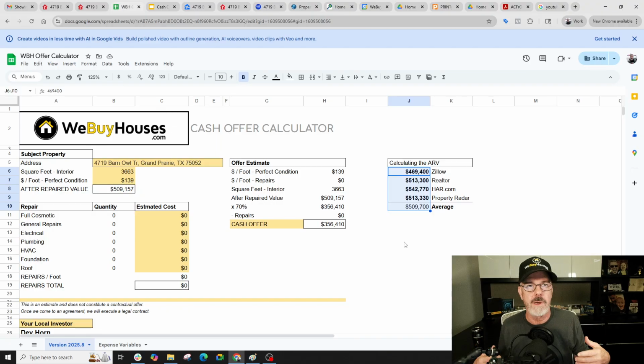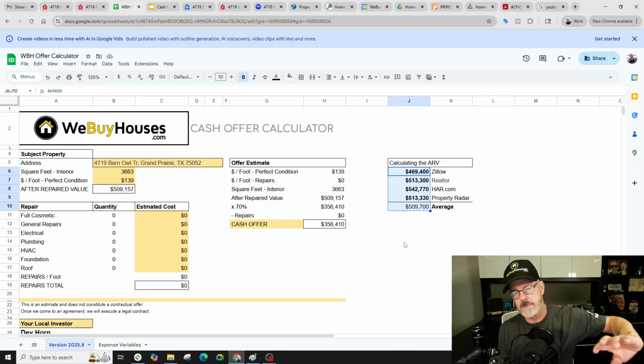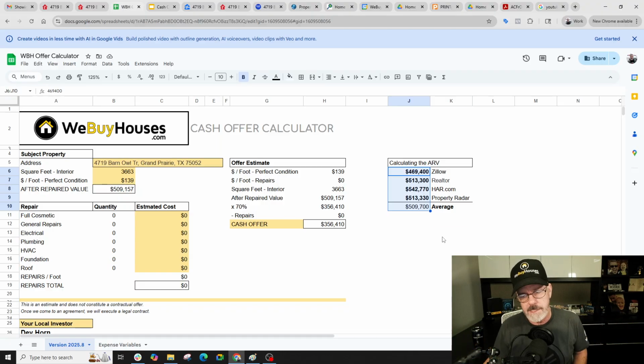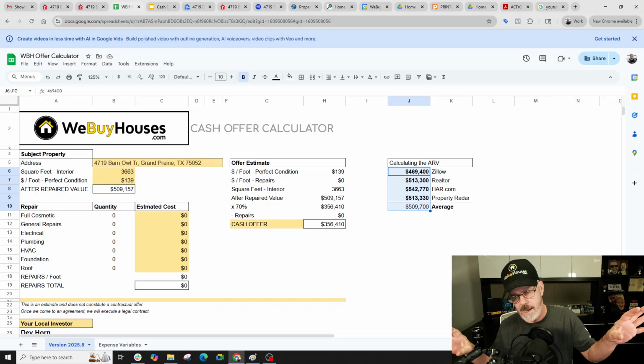Now, sometimes you'll be told, well, the value in Zillow is not the real value of the house. The value of the house is way higher because of whatever. What I generally find is that this strategy of averaging several sources kind of takes that out of it.